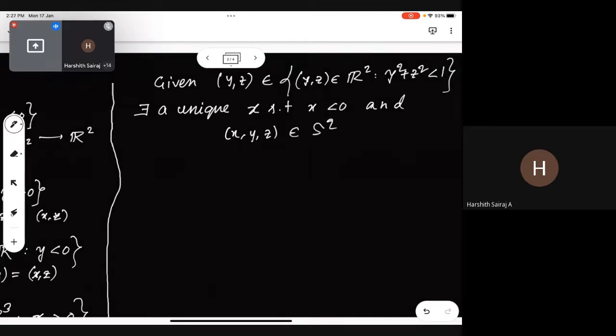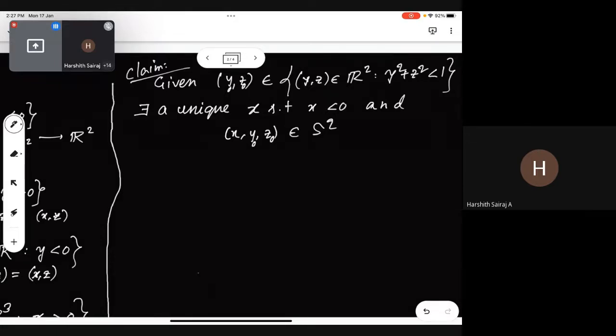How do you prove that? So the claim is this. (y, z) is given, so let's write (y naught, z naught) to keep it simple. Given (y naught, z naught), you want to find the points x such that (x, y naught, z naught) lies in the sphere.